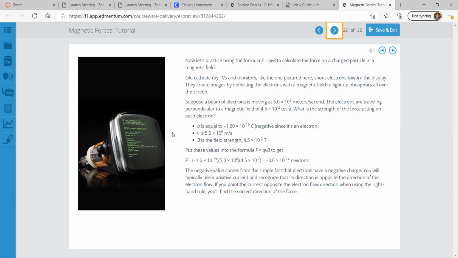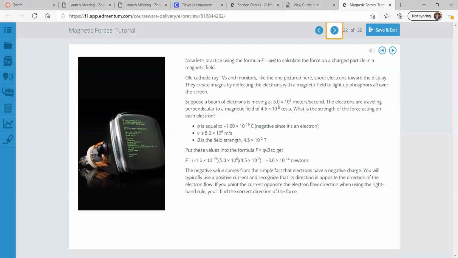Well, we know Q is equal to negative 1.6 times 10 to the negative 19th coulombs. Negative because it's an electron, and an electron is negatively charged. The velocity, we were told above, 5 times 10 to the 6th meters per second. B is the field strength, which was 4.5 times 10 to the negative 2 Tesla.